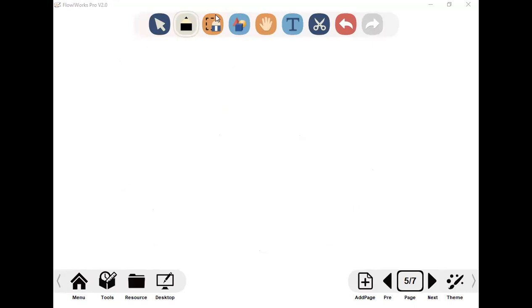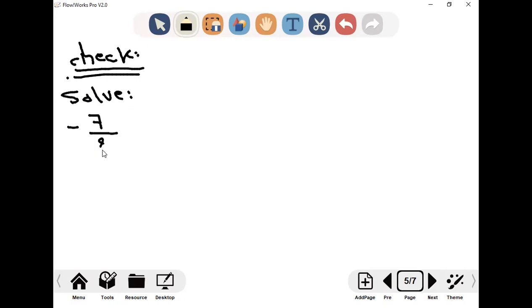Yeah. This is example what? 5. Let's do the check of example 5. Okay Marwan? Are you with me, Marwan? Yalla. Check of example 5. We have to solve negative 7 over 8 x equals negative 21 over 64.